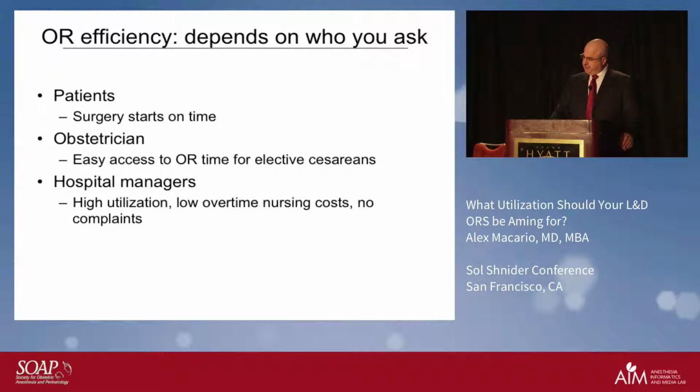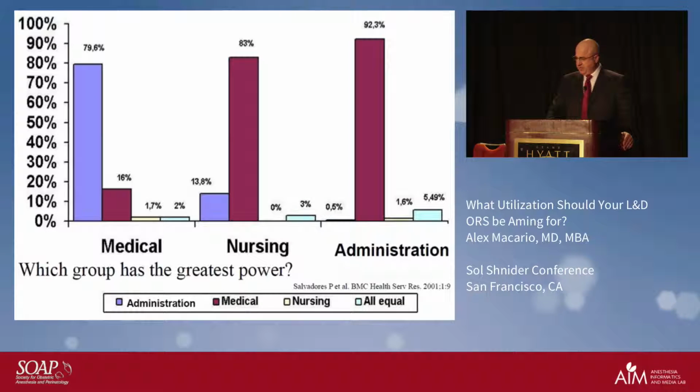And this was a study that was published a few years ago, but I think about it a lot. As we try to manage utilization in the labor and delivery suite, there are 3 general stakeholders. There's the physicians, there's the nursing, and then there's the administrators. And if you ask each of these groups who has the greatest power to change and make improvements in the hospital, including the operating room, each group thinks it's the other group.